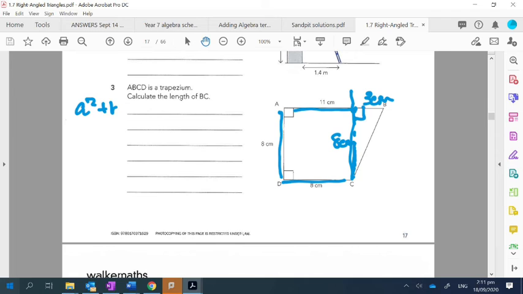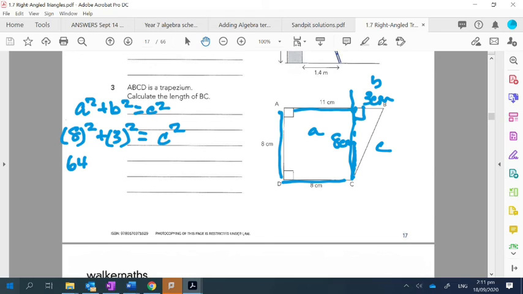A squared plus B squared equals C squared, right? So we have an A and a B and a C. We're looking for C, so we don't know that. A is 8 quantity squared plus B is 3 quantity squared equals C squared. 8 squared is what? 64.